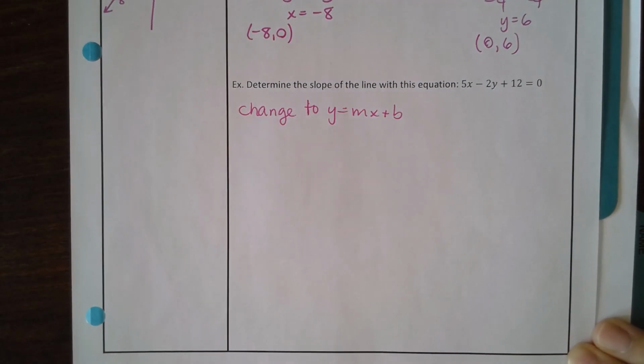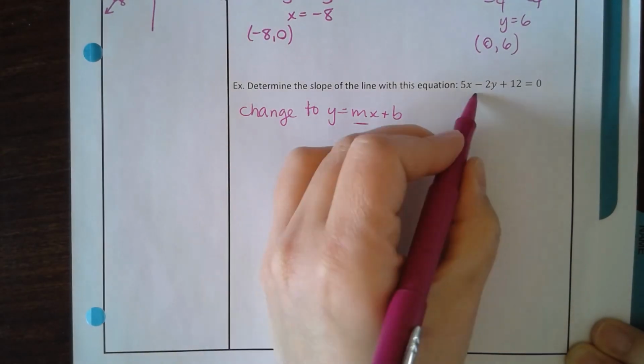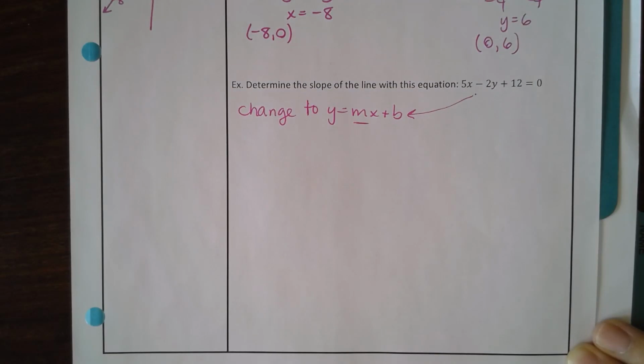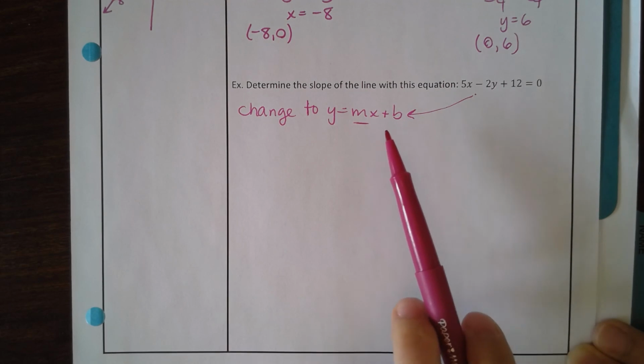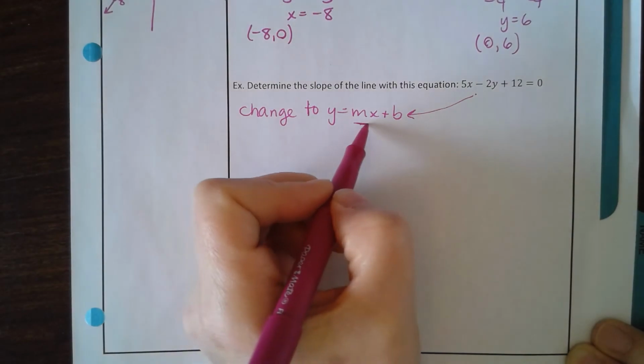Okay, so my recommendation is to just change lines to that form, because then when this guy looks like that guy, we can pull that slope out of it.